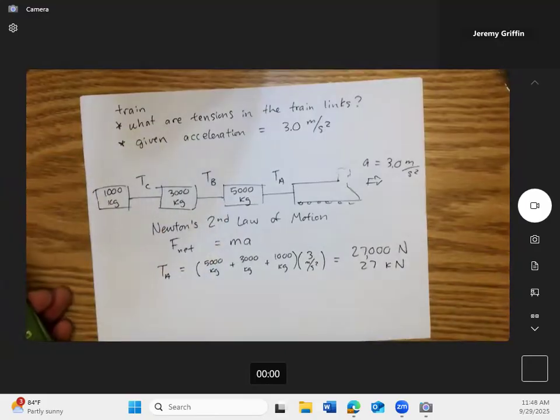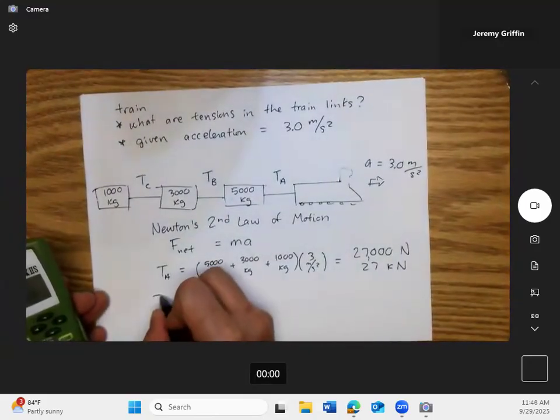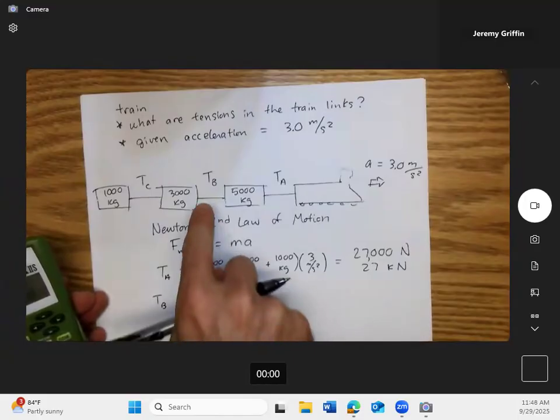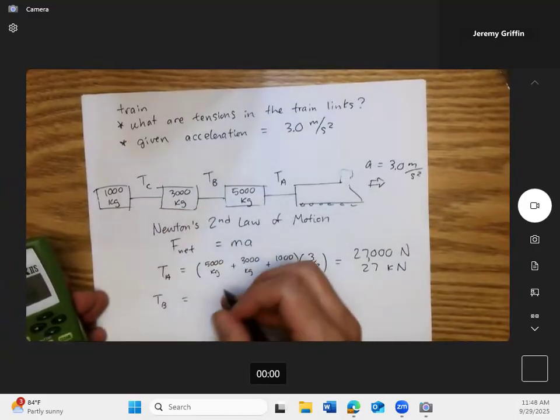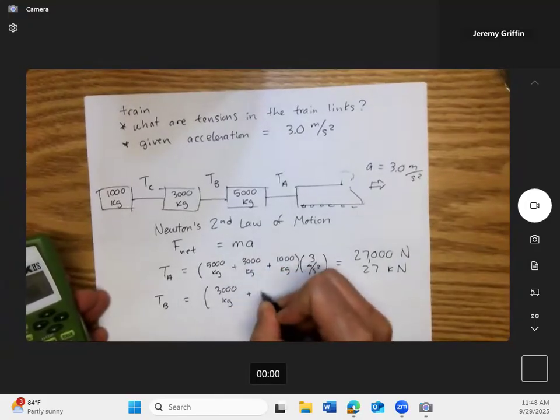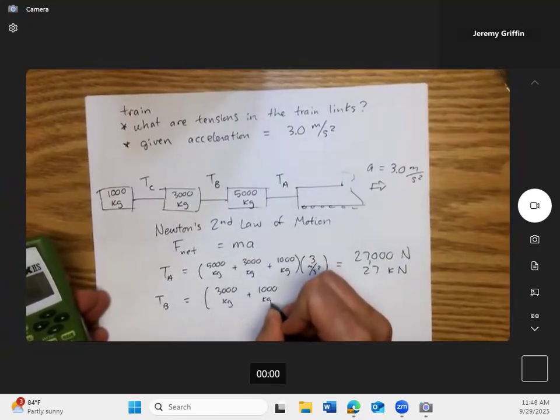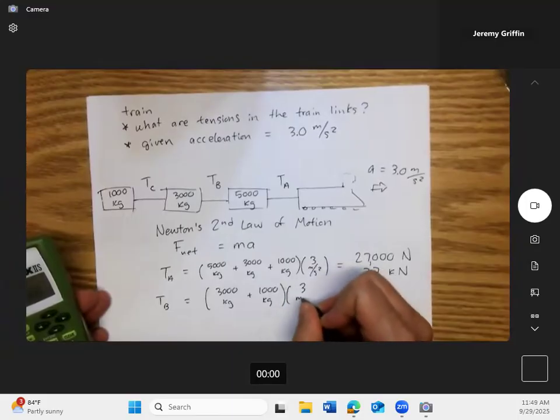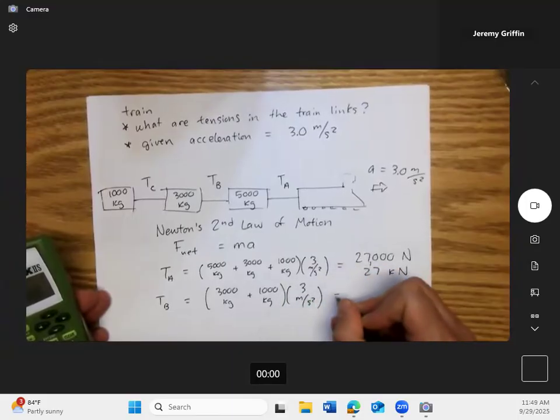Same thing. Right, how about tension B? Now, this link only has to pull these two parts behind it. So that's 3,000 kilograms plus 1,000 kilograms, also accelerating at the same acceleration, because they're all accelerating the same.